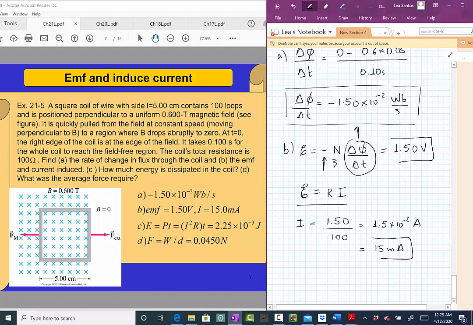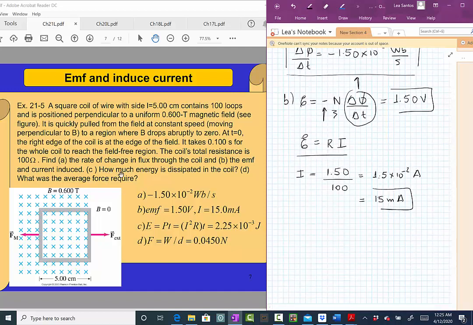Let's continue now with part C. How much energy is dissipated in the coil? We learned some chapters ago how we compute power dissipated, right? We said that the power dissipated is I squared R. We have both. We have I, so we have I squared, and we have R. But they don't want the power dissipated, they want the energy.